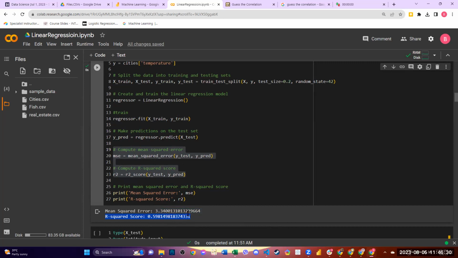So in simple terms, if we're going to use the 20% Y test and Y predict, we will rely most of the time on the mean square error, because the mean square error estimates the Y test and Y prediction only.